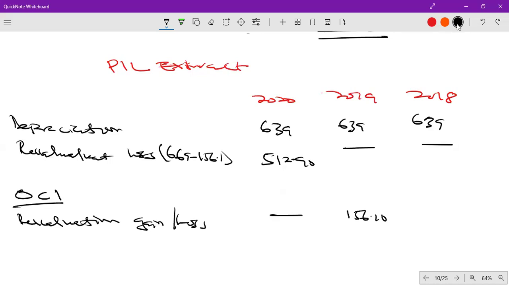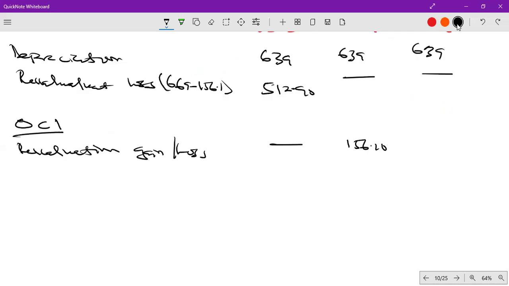All right. Then what of the statement of financial position? We'll have the cost of the asset, which is the PPE.